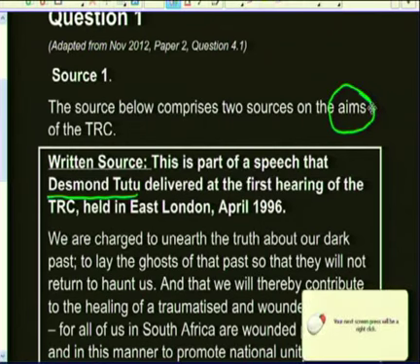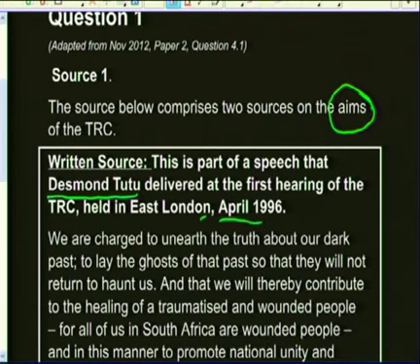He was in charge of the TRC, and the first hearing was in April 1996, and it was in East London. You already know that. And then the main point has already told you here that this is about the aims of the TRC. So even before you read the source, you already have got that information. Now let's go to the source itself and see how you unpack it.